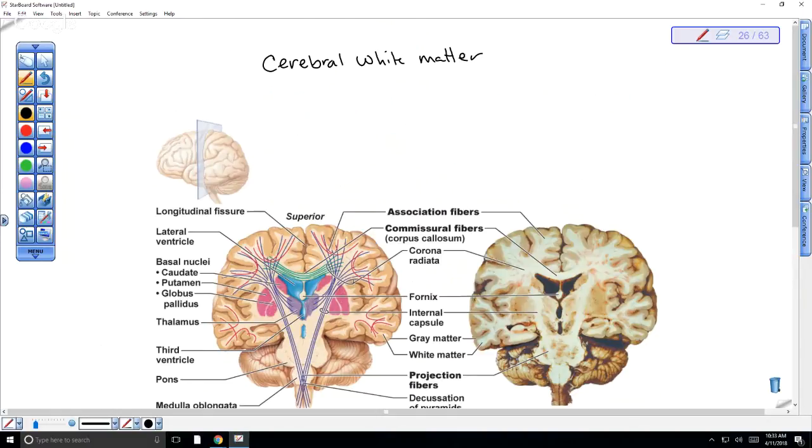Sometimes they're referred to as fibers or tracts. Those are myelinated axons, bundles of axons. And there are three categories. The first one are the association tracts. They run from one part of the cerebrum to another, so they connect different parts of the cerebrum.